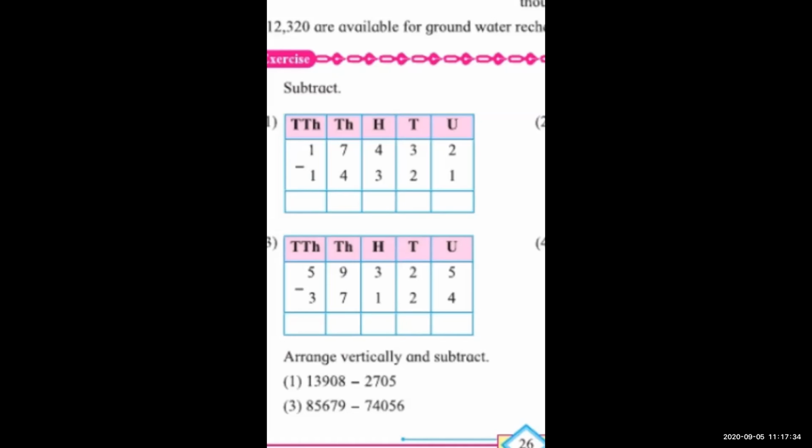Wait a second, don't give the answer. This sum, which I put in red color. See.